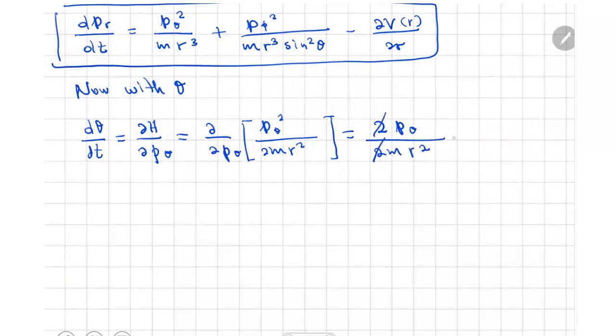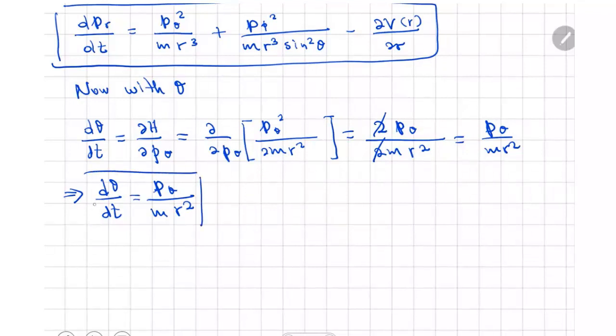The 2 cancels with the 2, and I get p_theta divided by m r squared. So this is the first equation for theta: dθ/dt is equal to p_theta divided by m r squared. Okay, guys.